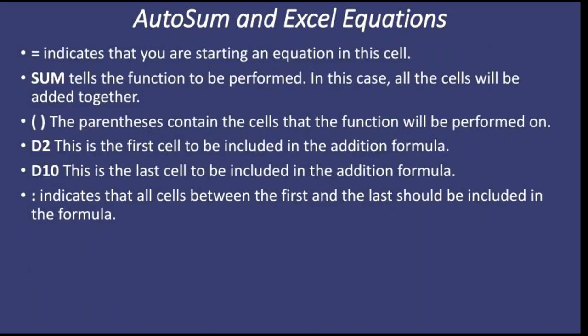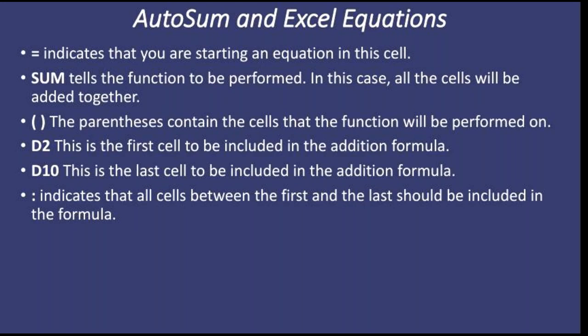The equal sign indicates that you are starting an equation in Excel. Then the SUM tells the function to be performed; in this case, all the cells will be added together. Then the parentheses contain the cells that the function will be performed on.